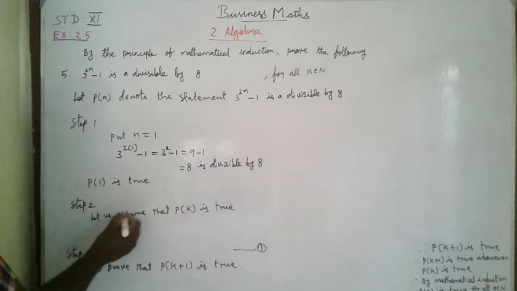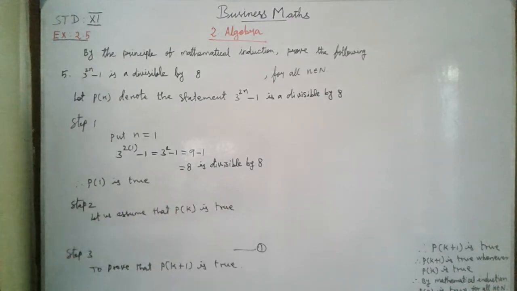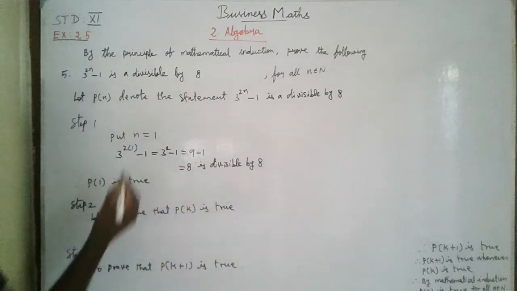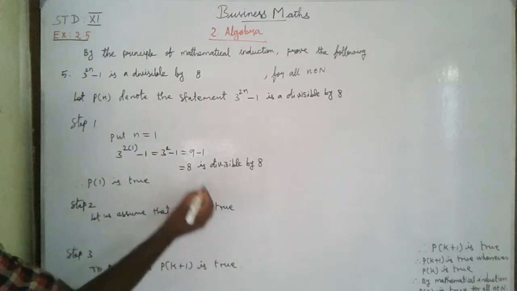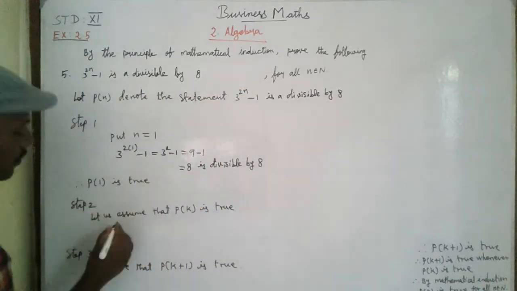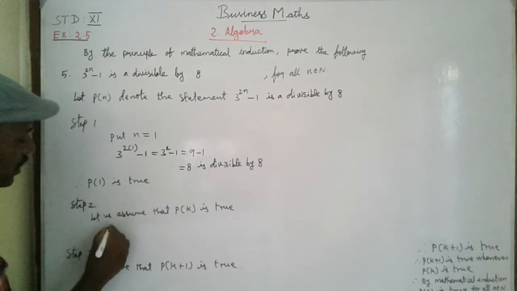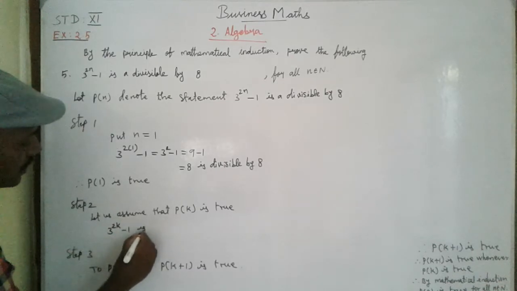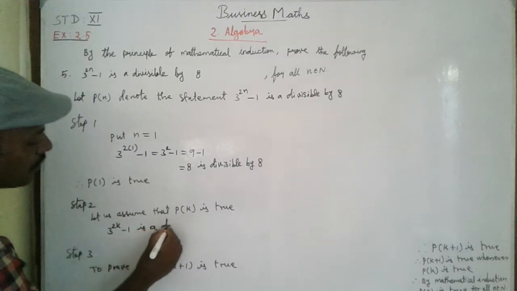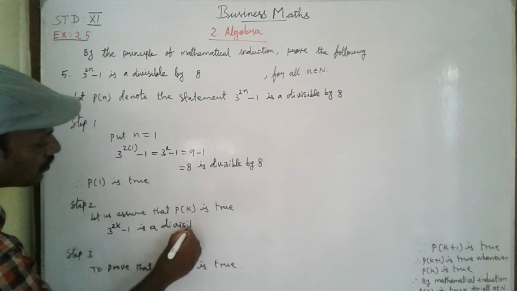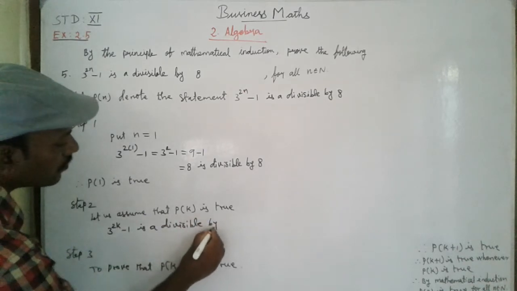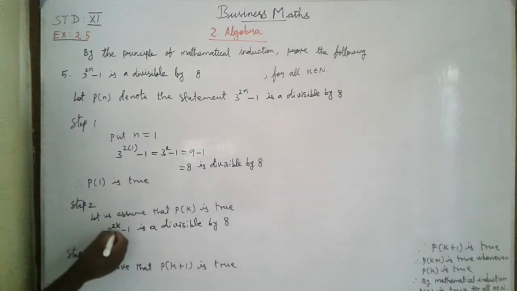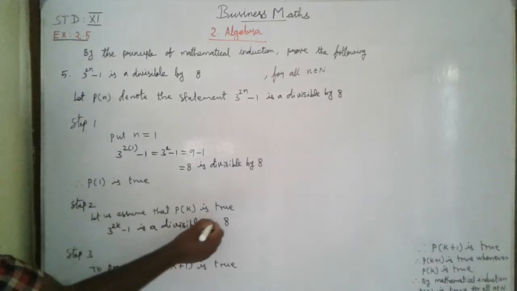Step 2: let us assume that P of k is true. So what is P of k? Substitute n as k: 3 power 2k minus 1 is divisible by 8.